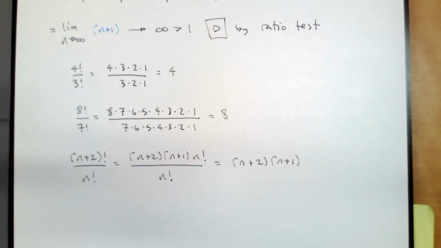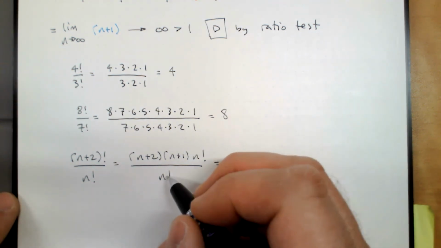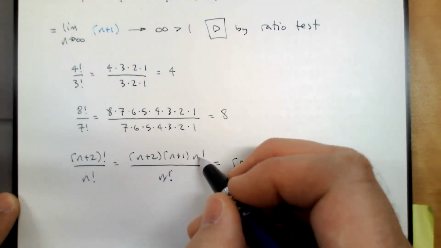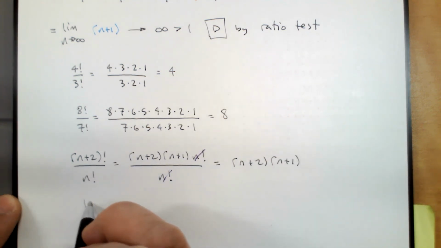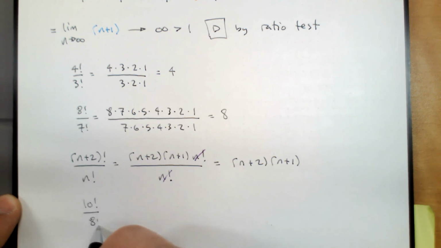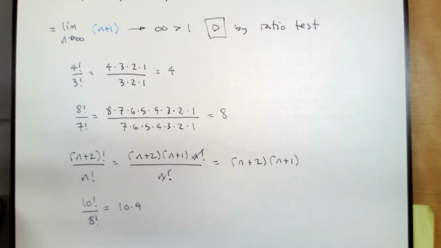This is why I say our strategy for simplifying the factorial stuff in the ratio test is to write the bigger factorial until you get to the smaller factorial, and then cancel out the smaller factorial. So if you have 10 factorial over 8 factorial, you'll have 10 times 9 left over.